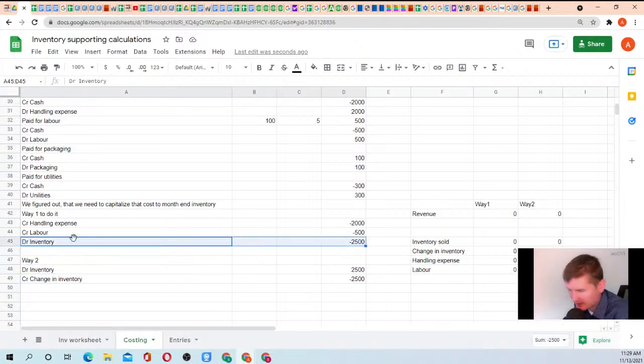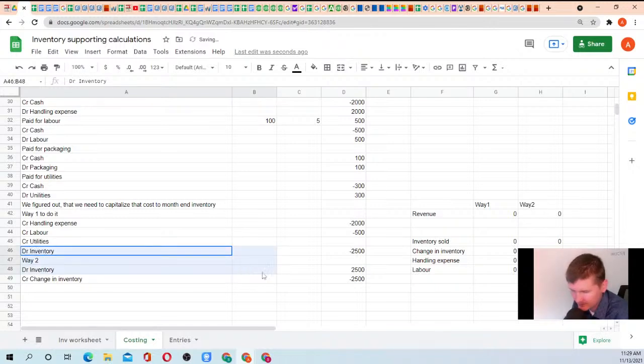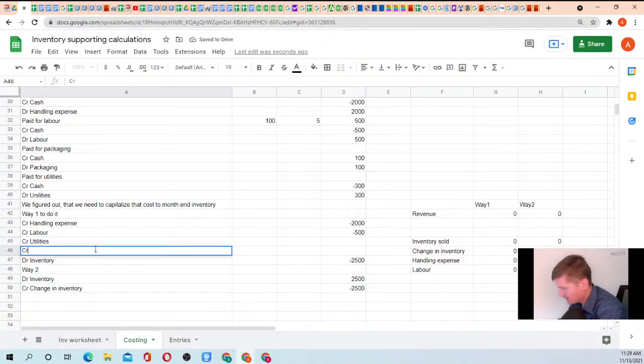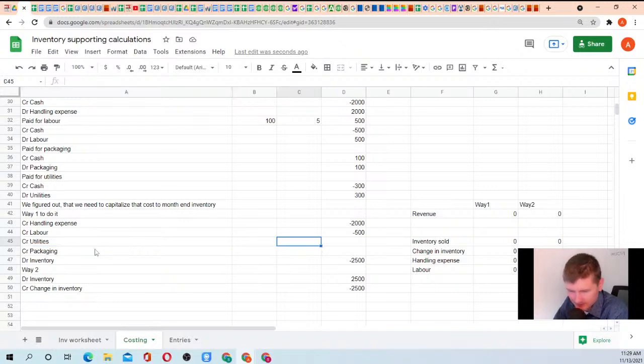So here we will have credit utilities. Credit. You can probably account for some packaging separately, but we will account for it. Okay, packaging.